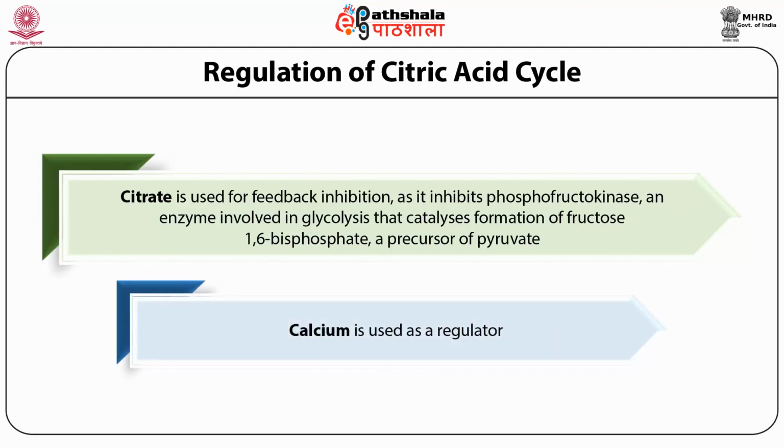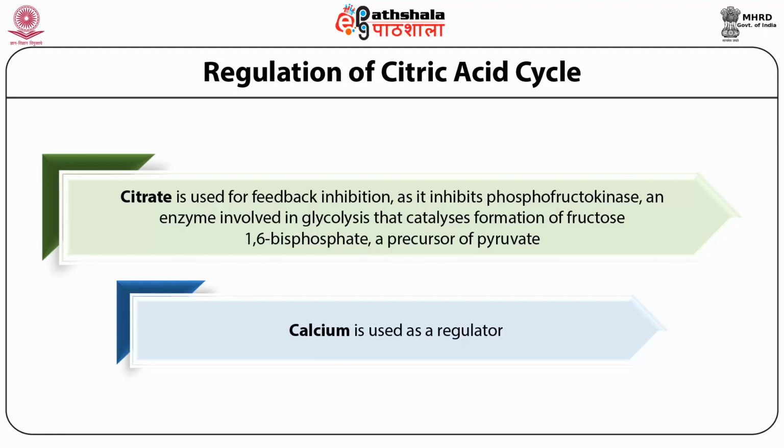Calcium is used as a regulator. Mitochondrial matrix calcium level can reach the tens of micromolar level during cellular activation. It activates pyruvate dehydrogenase phosphatase, which in turn activates the pyruvate dehydrogenase complex.